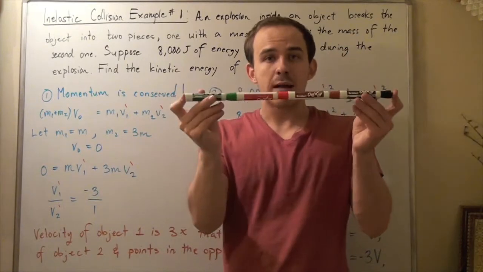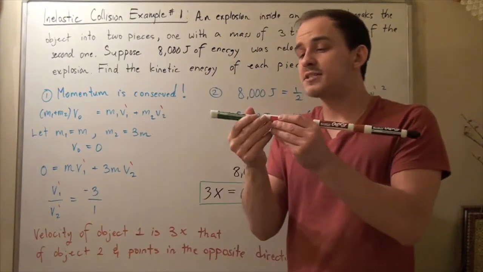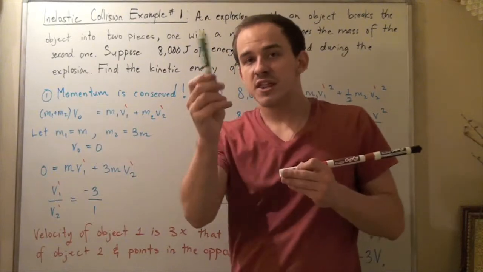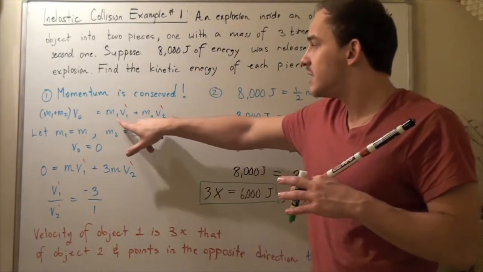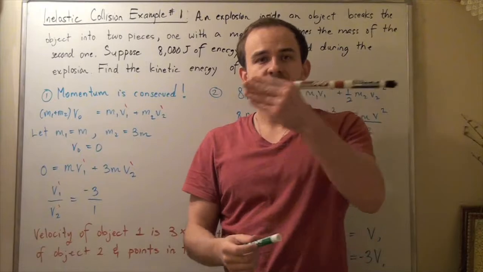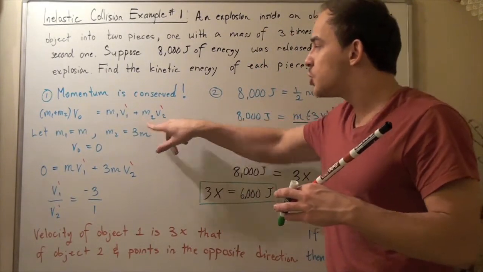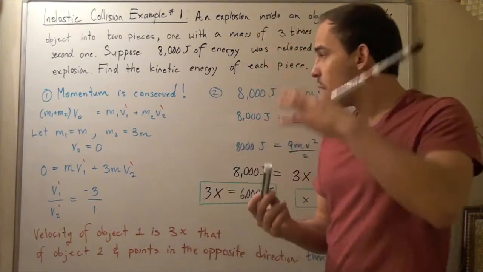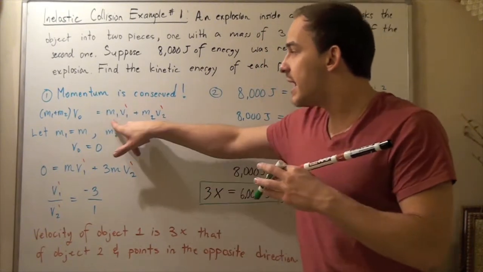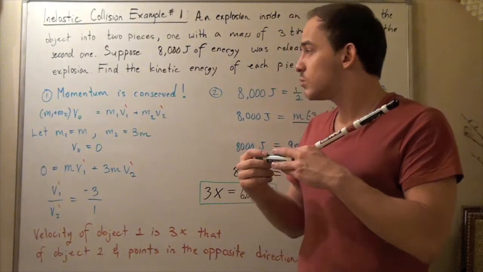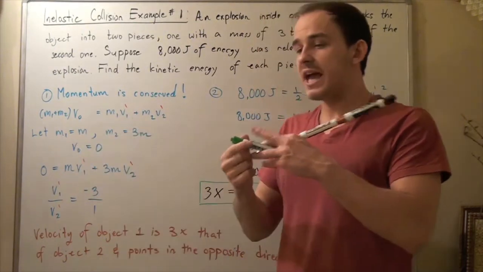We said our initial object is at rest, and then it splits into 2 pieces, and then this gains some velocity, let's say v1 prime, and this gains a second velocity, let's say v2 prime, where m2 is the mass of this guy, so m2 is 3m, and m1 is the mass of this guy, object 1 or piece 1, which is simply m.